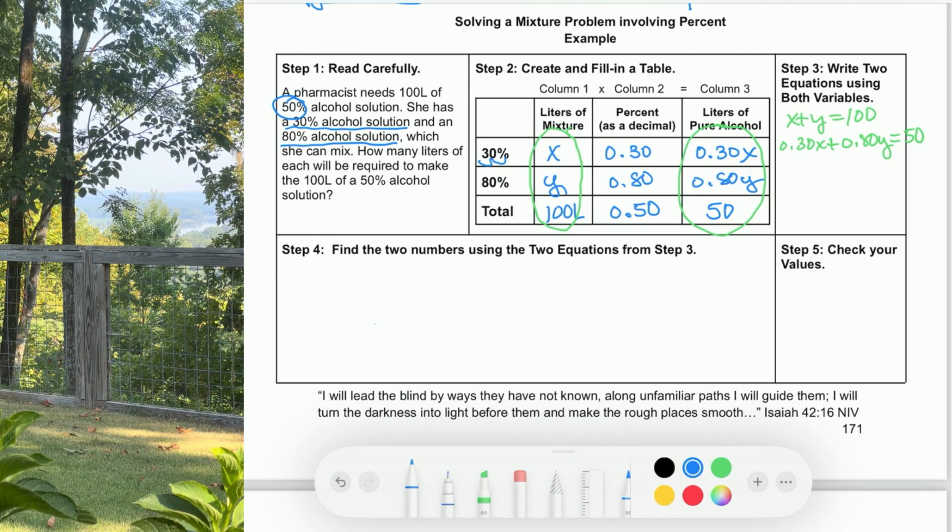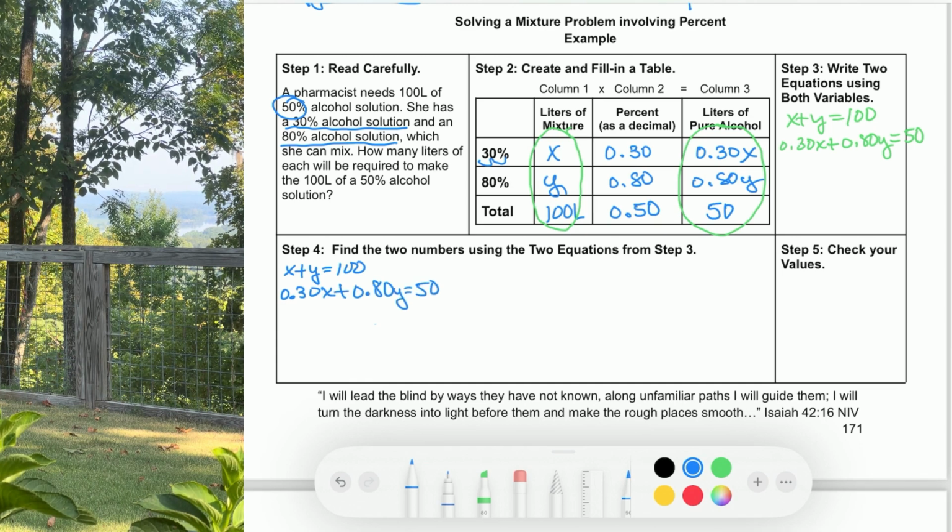All right, step 4, let's go ahead and rewrite our equations over here so we can figure out how we want to use them. The first thing I noticed is I have a single x and a single y in that first equation. So I'm going to opt for substitution and by isolating one of those variables.